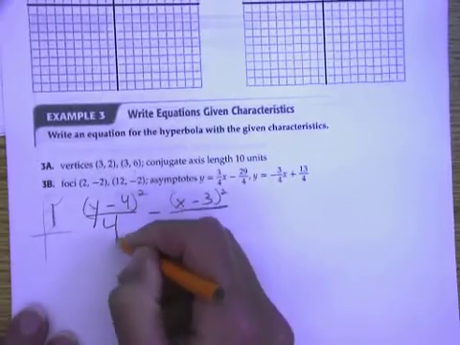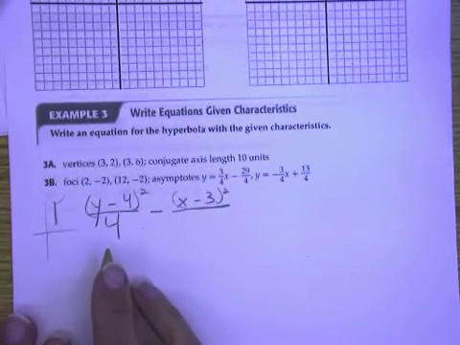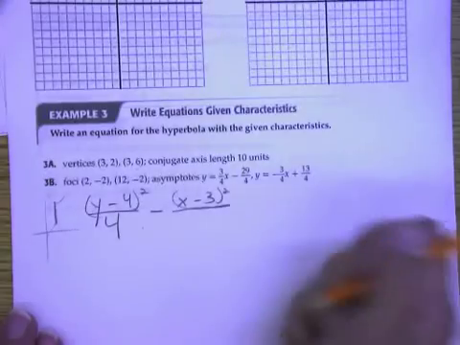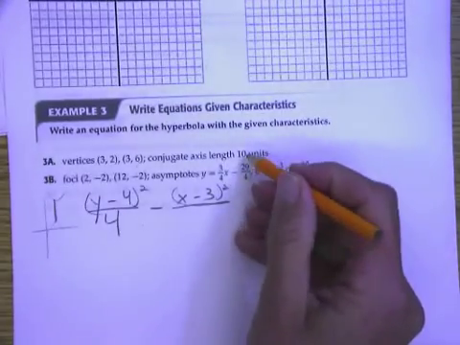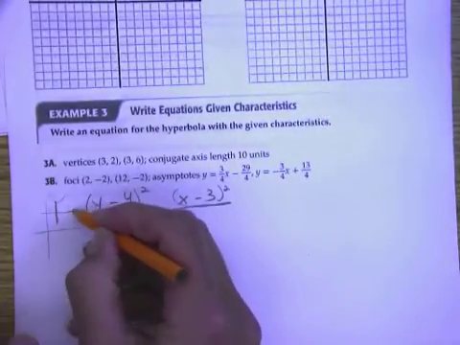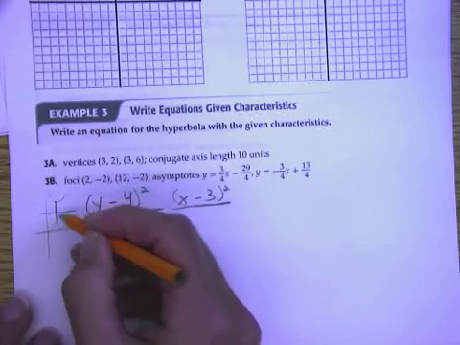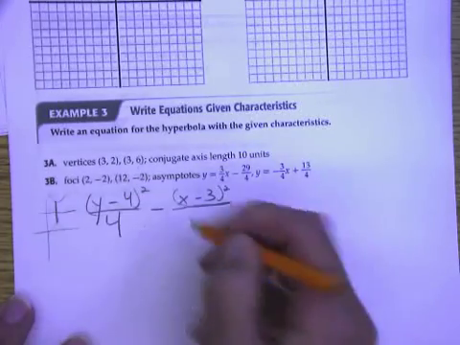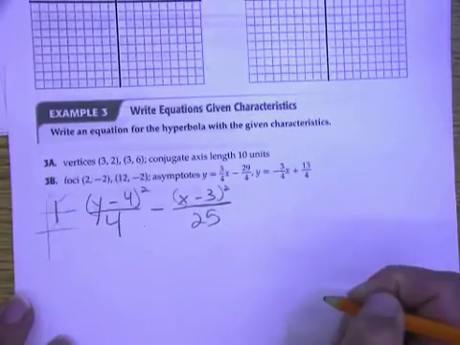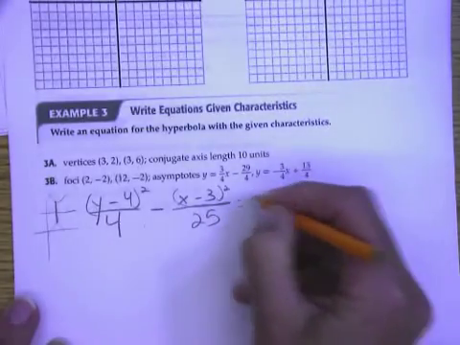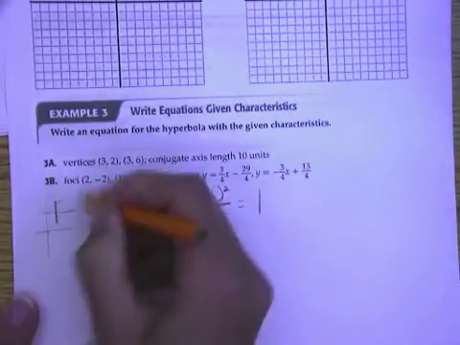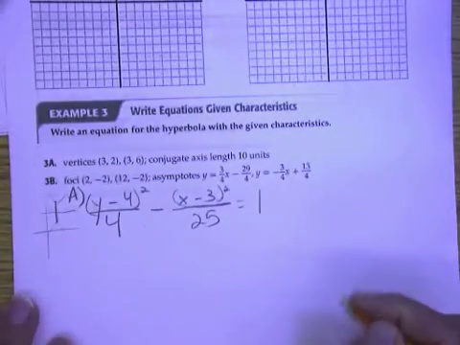That means 2 squared is 4, the A squared value here. I'm told the conjugate axis length is 10. Remember, that's this length all the way across. Well, half of that is 5, and 5 squared gives me my b squared value, and then equals 1. So there's part A.